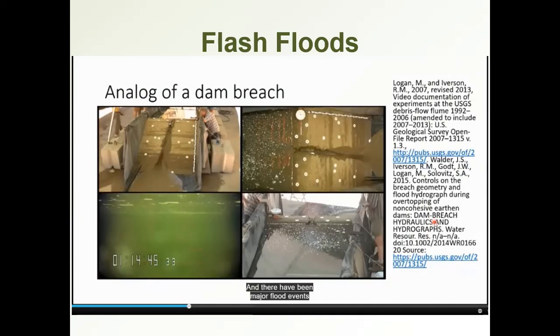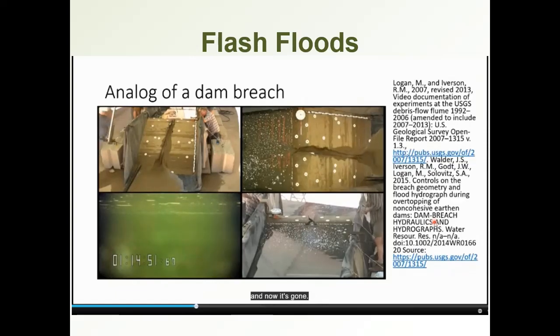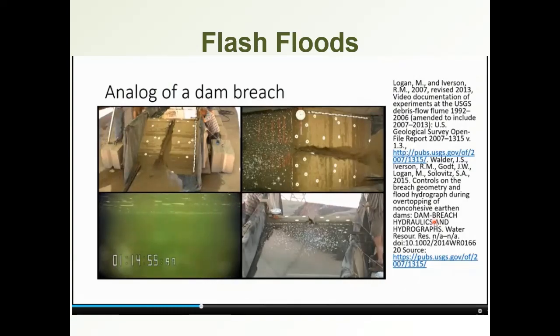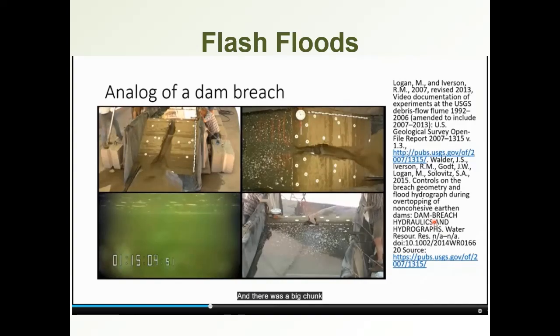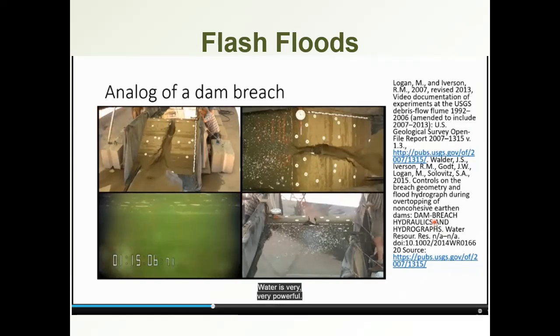And there have been major flood events due to dam collapses, and now it's gone. Yeah, and there was a big chunk of the side that just went. Water is very, very powerful.